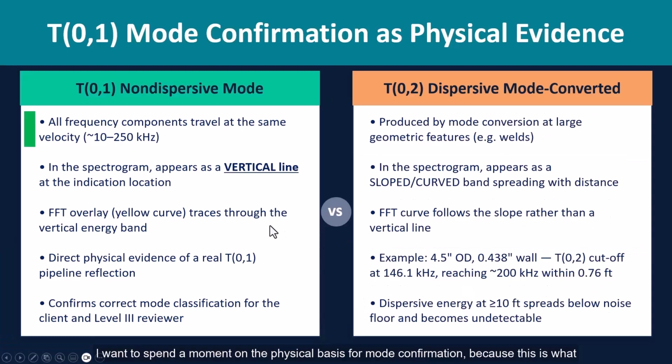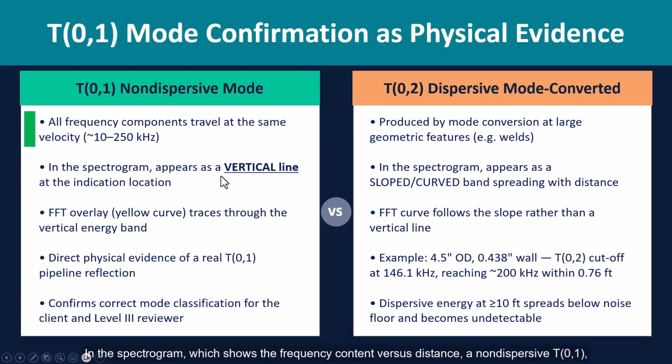I want to spend a moment on the physical basis for mode confirmation, because this is what makes the spectrogram evidence meaningful. The T01 torsional mode is nondispersive across the frequency range we use for standard pipe inspection, approximately 10 to 250 kHz. All frequency components travel at the same speed.